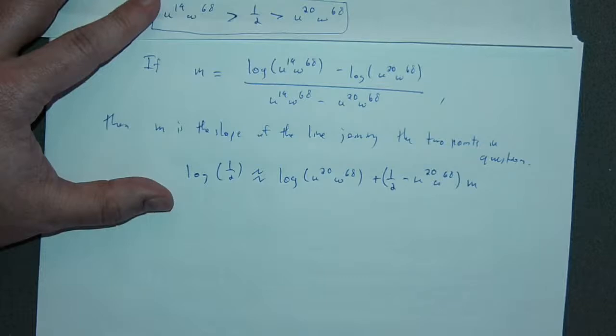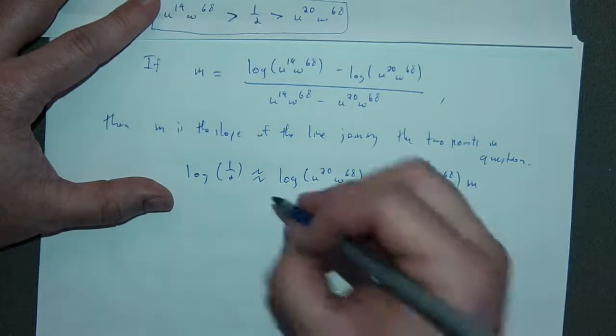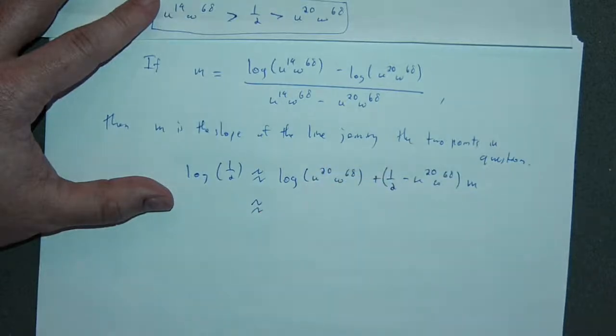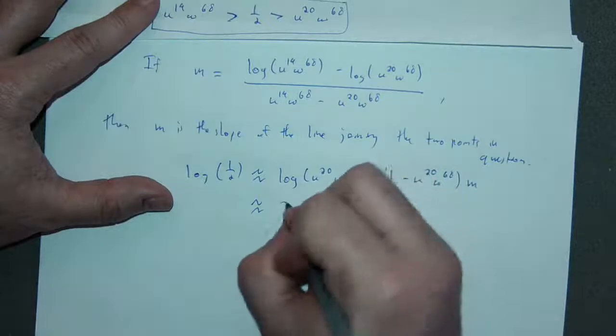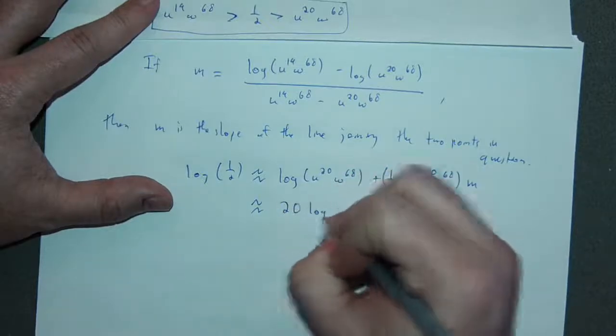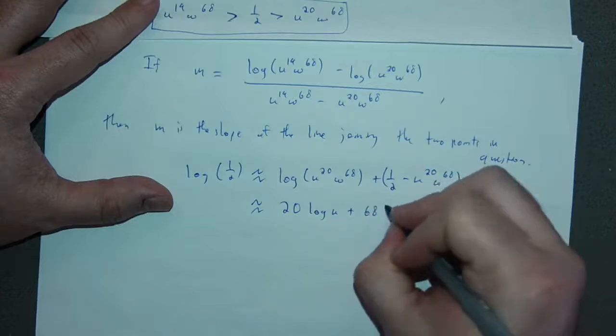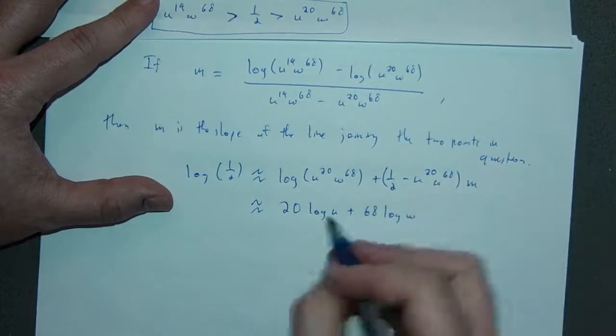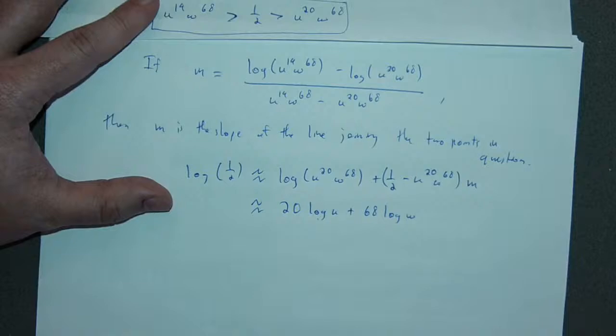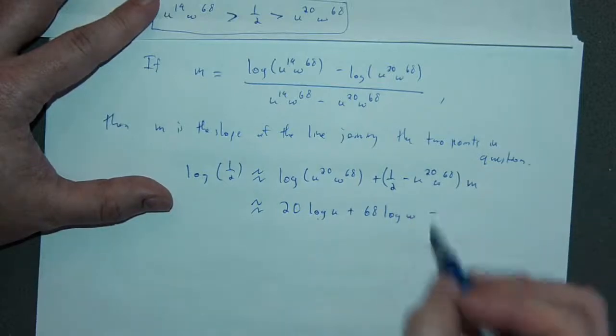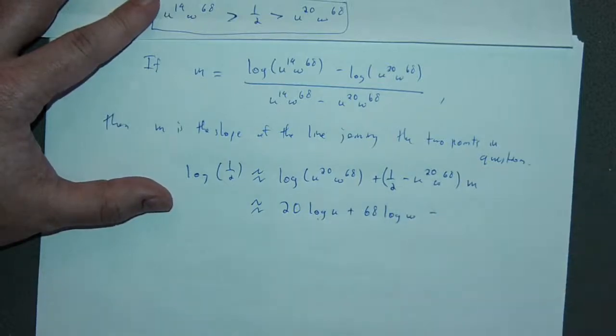Okay. And so what this is here, using log rules, cheating, right? This is 20 log U plus 68 log W. Both of these quantities I've already computed. Minus computing this quantity is no problem.